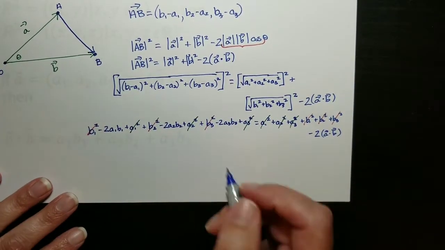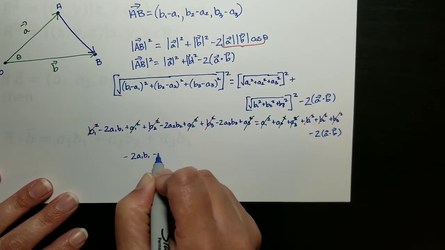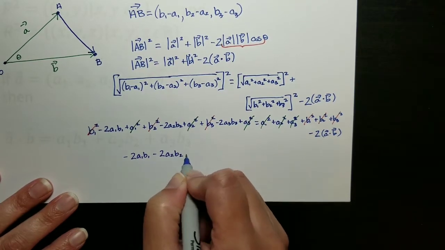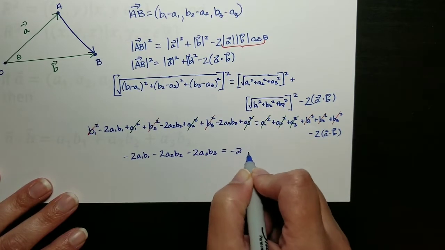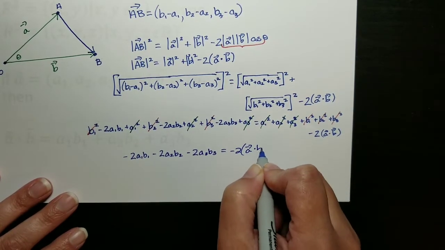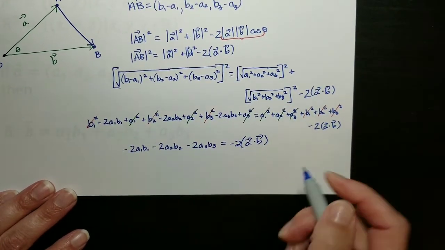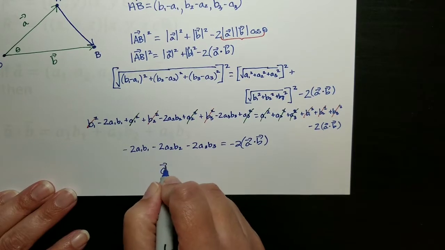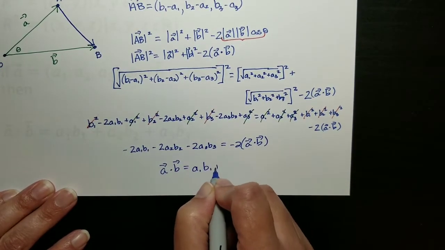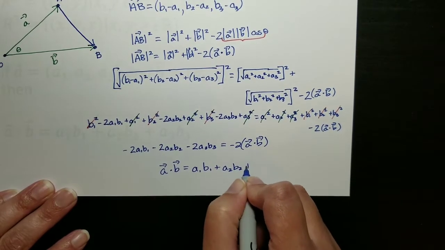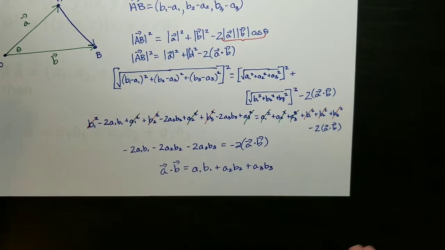So I get negative 2A1B1 minus 2A2B2 minus 2A3B3 equals negative 2A dot B. And then just dividing each term by negative 2, I'm going to swap the order here. A dot B equals A1B1 plus A2B2 plus A3B3, which ends up as a pretty nice, neat equation.